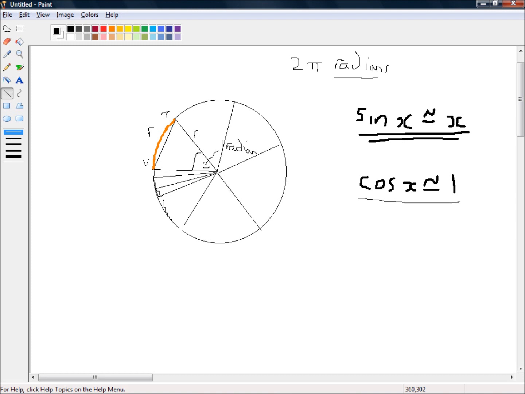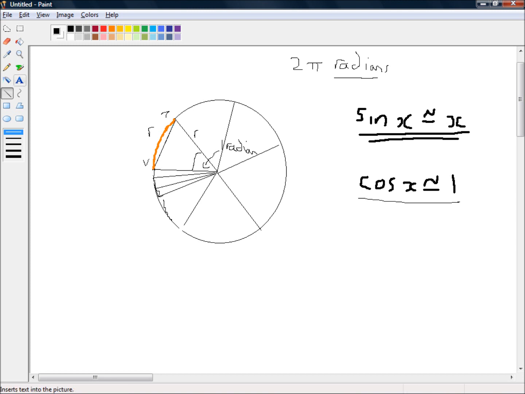In fact, if I have a ridiculously small number of triangles, like if I fit 1,000 of these triangles into one radian, I will have triangles that are so small that the gap left over is negligible.